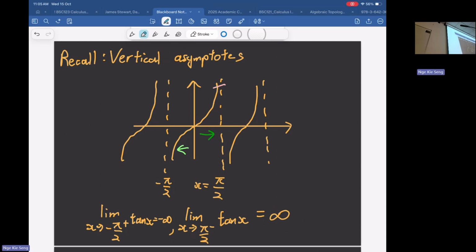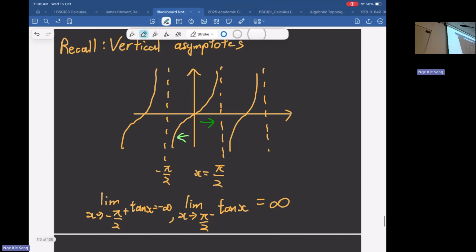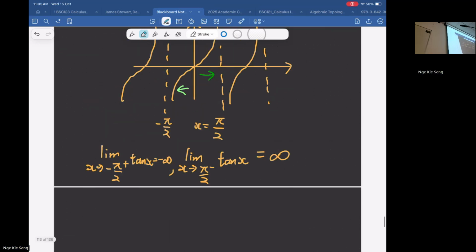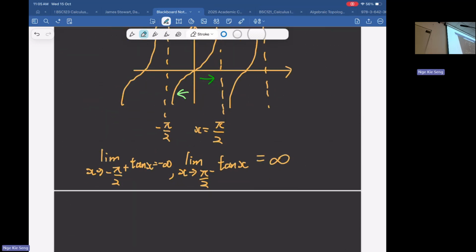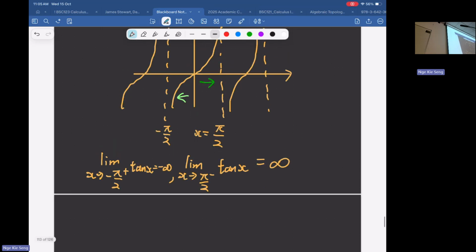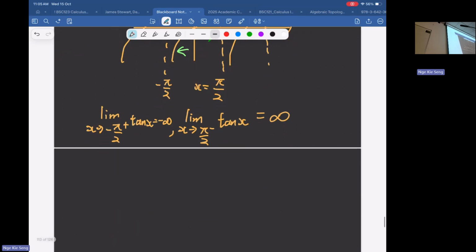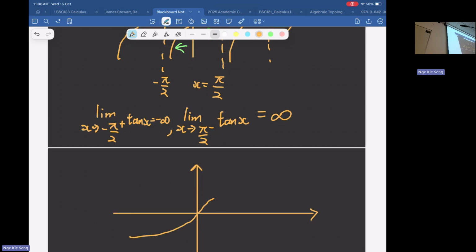Now we turn to define what is a horizontal asymptote. Another very good example to keep in mind is also tangent x, but the inverse of tangent x. If you take the inverse of tangent x, you get something like this.